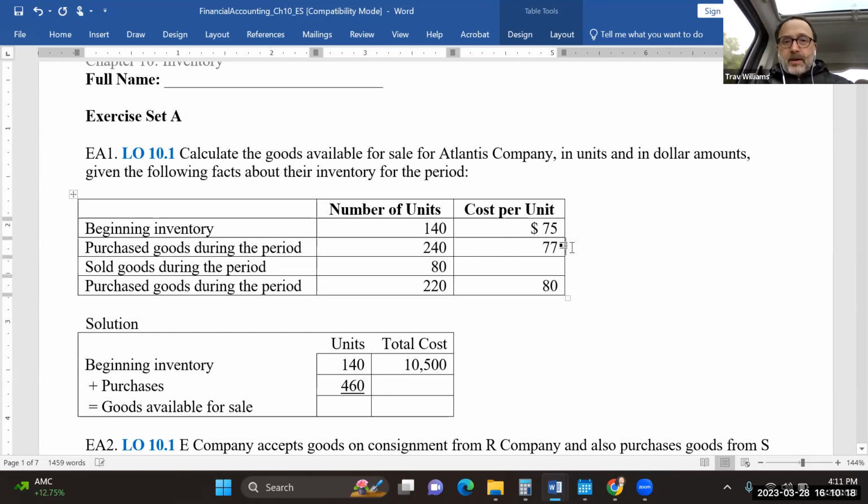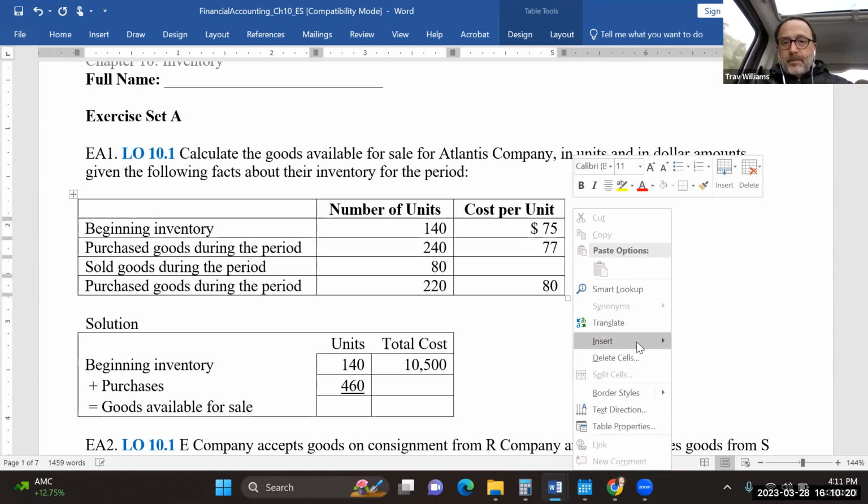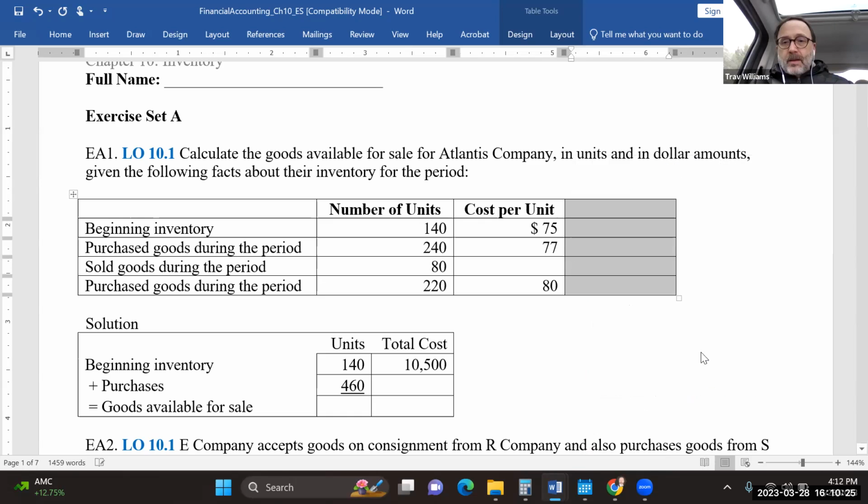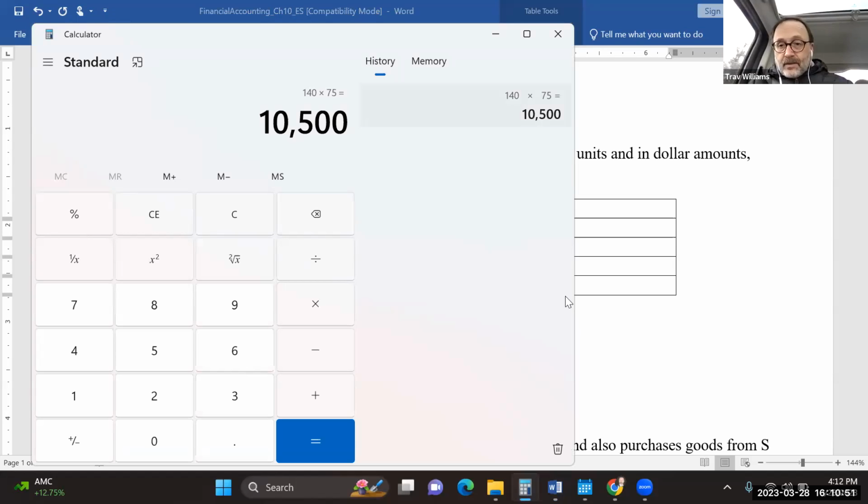But the cost, what I'm going to do is add another column here, just so we can keep track. Let's make this calculator a little smaller. There we go, that's a little better. Okay, so we had 240 units at $77 each. 240 times 77, 18,480.